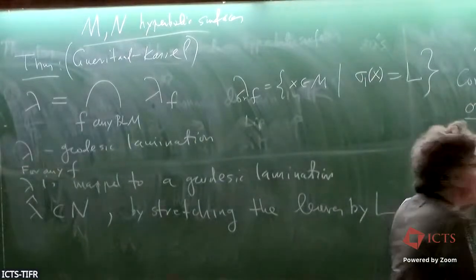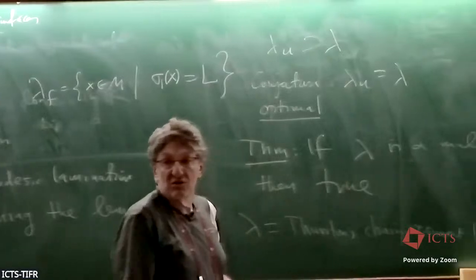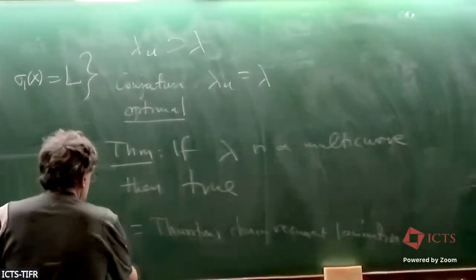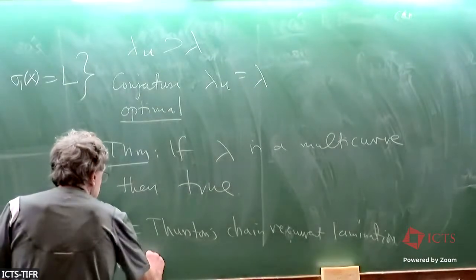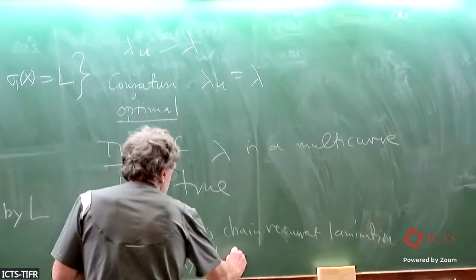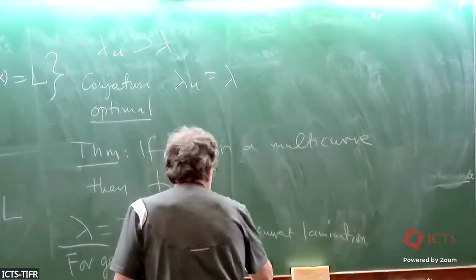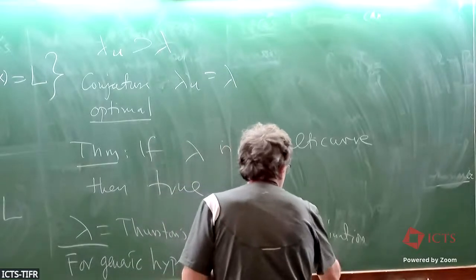So actually, this is important. The case when it's a multicurve is important because Thurston shows that this is the generic case. For generic hyperbolic metrics, lambda is a multicurve.